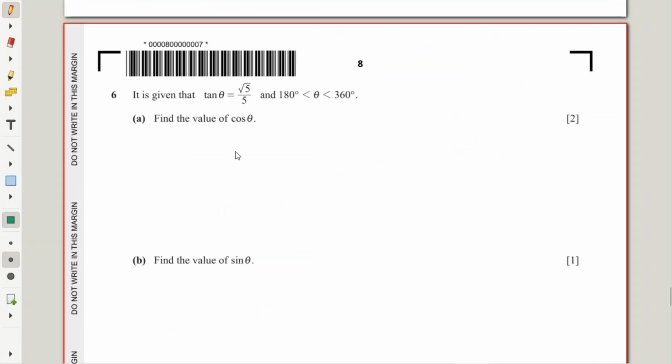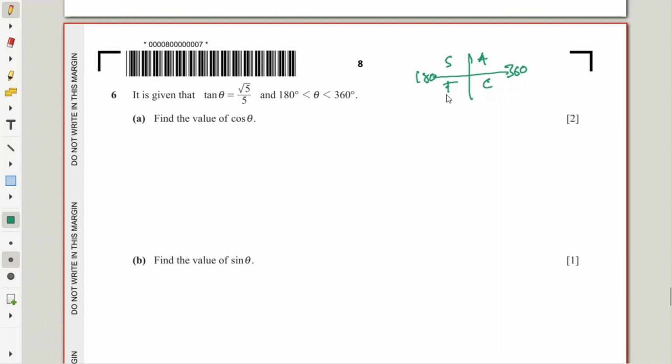Okay, number 6. We have this, and this is a question on trigonometry. They are giving you the domain or the interval. You are here and here. That's the third and fourth quadrants. So I use all silly tomcats, or some people call it ASTC, if you have been following my video.